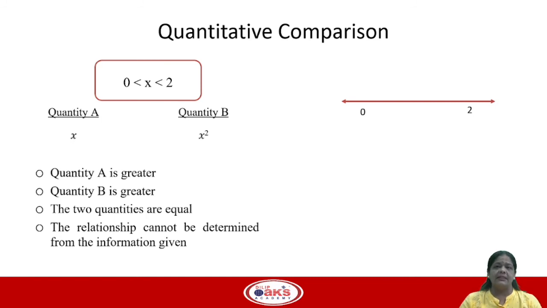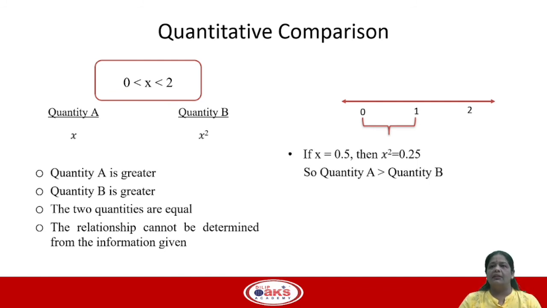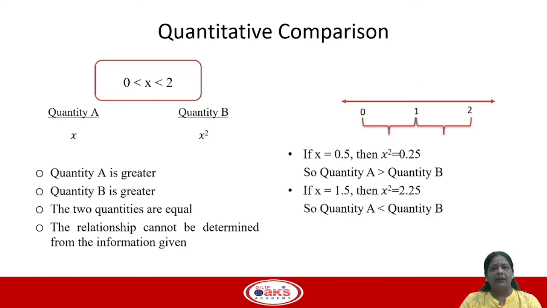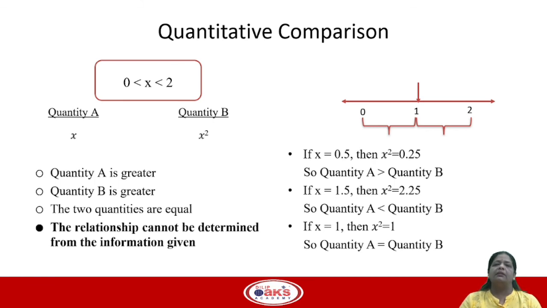Based on our previous discussion, we have definitely understood that if x is between 0 and 1, quantity A will be greater than quantity B. If x is between 1 and 2, quantity B will be greater than quantity A. And if x is equal to 1, quantity A will be equal to quantity B. So basically, we are not able to arrive at any conclusion as to which quantity is greater or smaller or equal, which means the relationship cannot be determined from the given information.